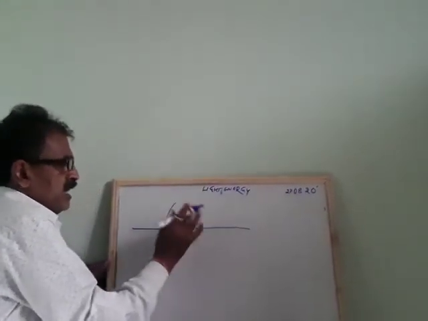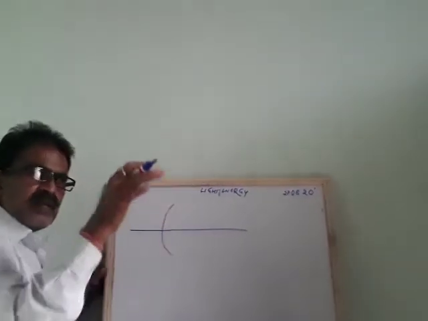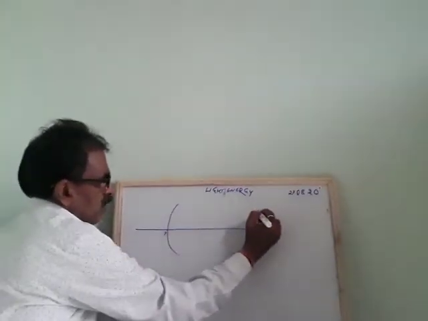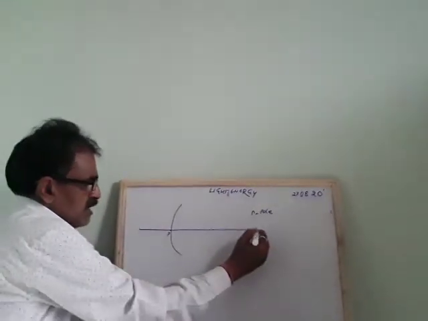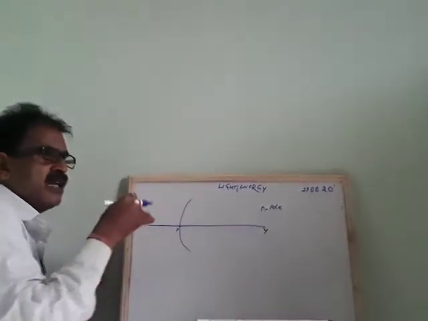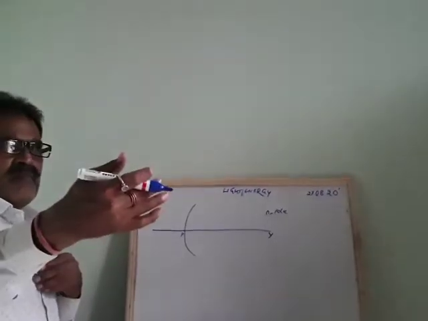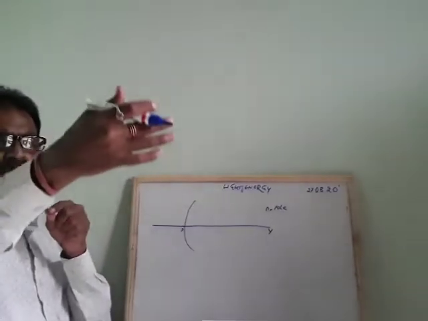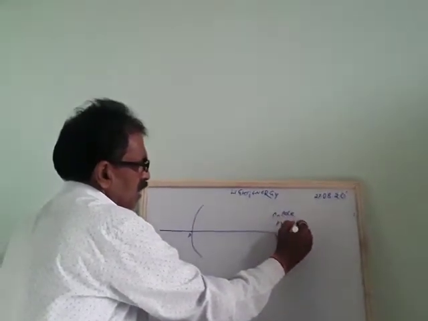This point, the middle part of the spherical mirror, is called pole, P. Middle part of the spherical mirror is called pole. And if you extend this, Py will become the principal axis. This is an imaginary line drawn from the pole to the other part of the mirror. So this is principal axis. Py becomes principal axis.